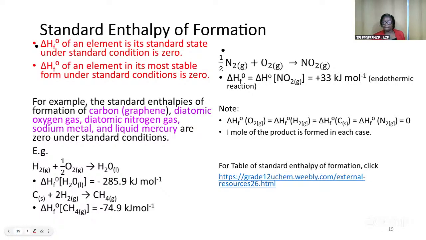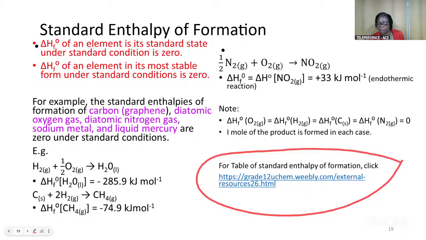I put here a table that gives you the standard enthalpy of formation for all substances. You can take your time to check it. The standard enthalpy of formation of an element in its standard state under standard conditions is always zero.